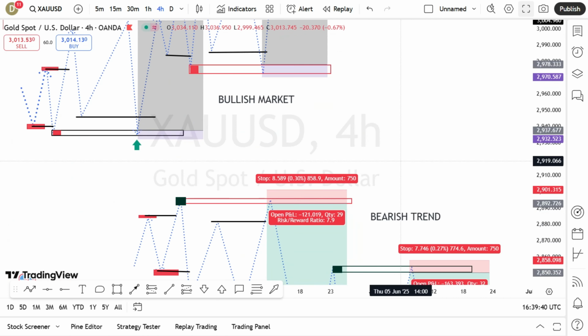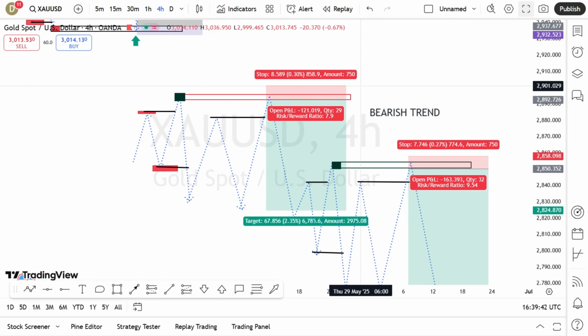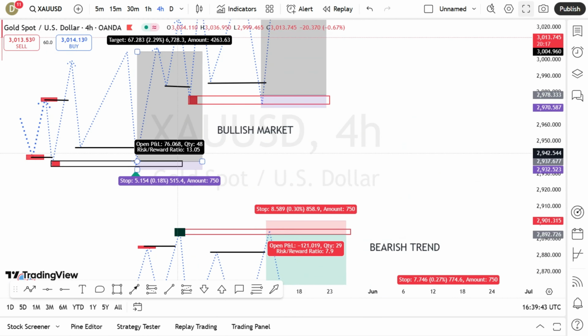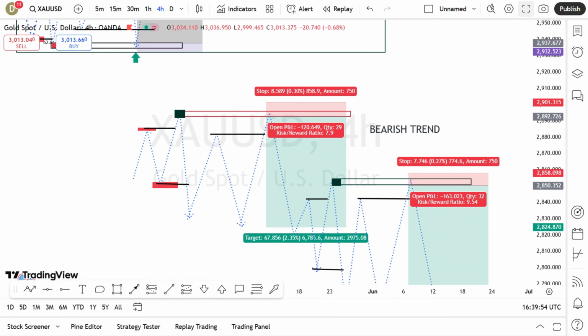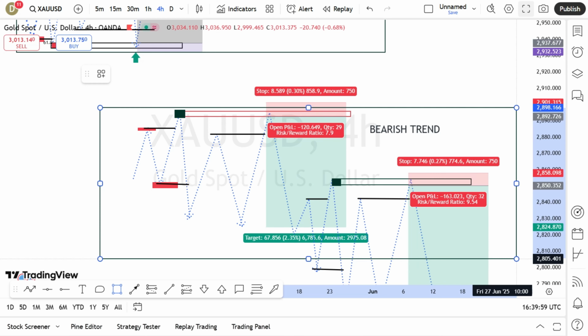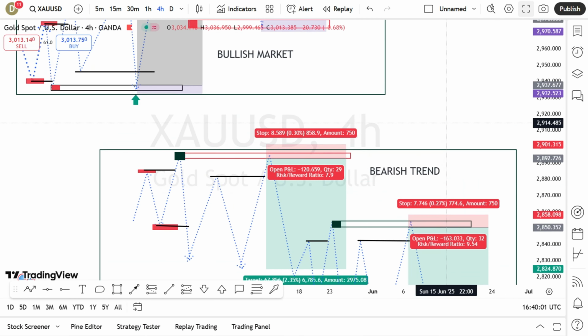Uptrend, downtrend. This is your uptrend, and this is your downtrend. This is how the market moves.